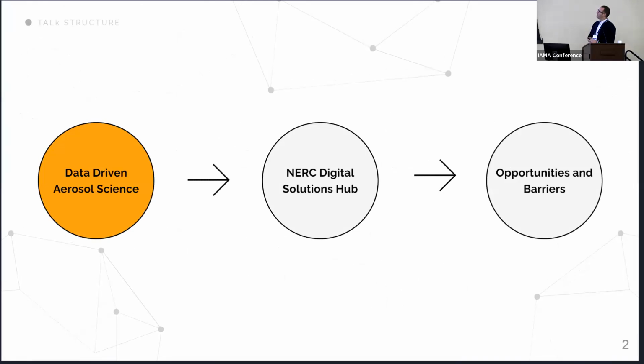So I'll then refer to a program that we're leading for the UK's Natural Environment Research Council called the Digital Solutions Hub. That's a facility to connect the UK's entire environmental data holdings with health, finance, socioeconomic data, and then think about where that leaves us.